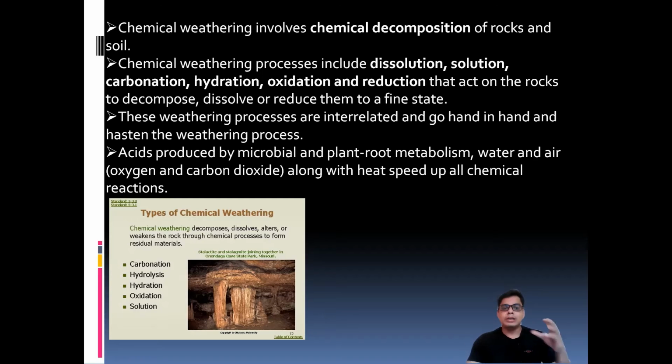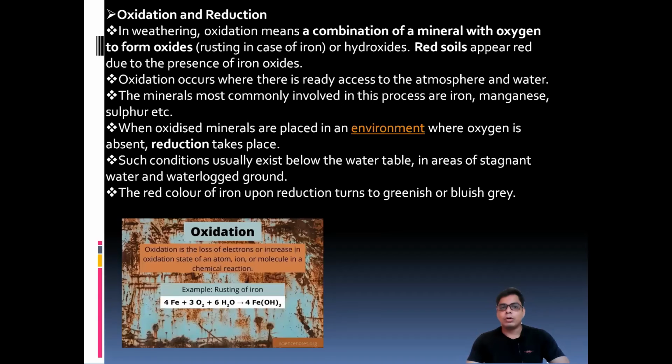Perhaps you can see behind me the types of chemical weathering: carbonation, hydration, oxidation and solution. We have to discuss these one by one. First, let's start with oxidation and reduction. What is oxidation? In weathering, oxidation means the combination of minerals with oxygen to form oxides and hydroxides.